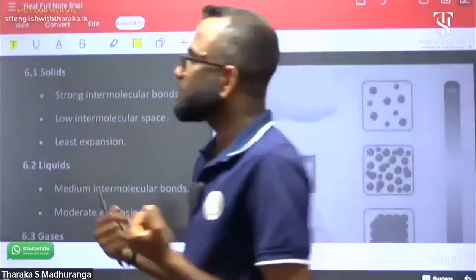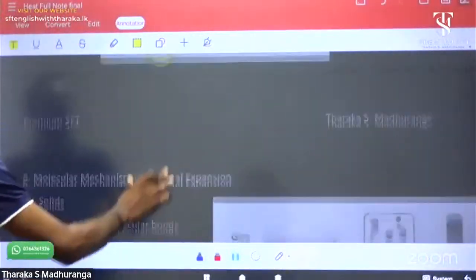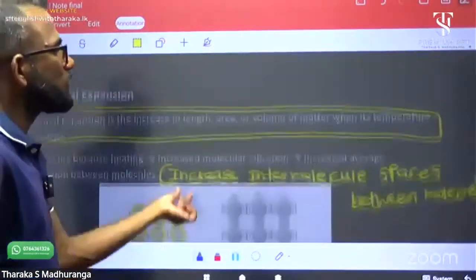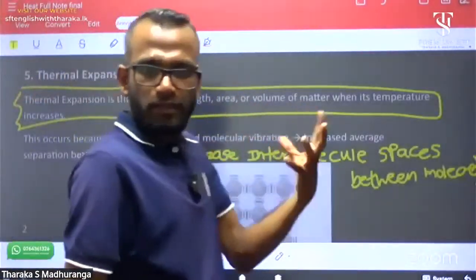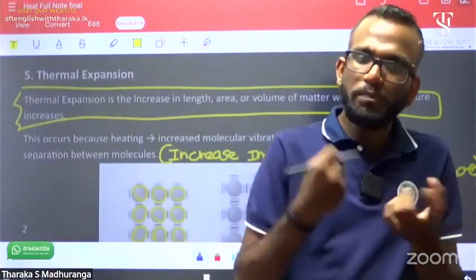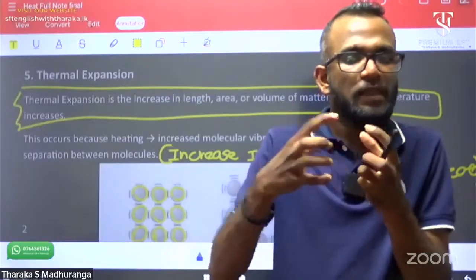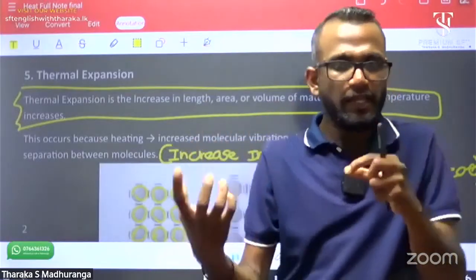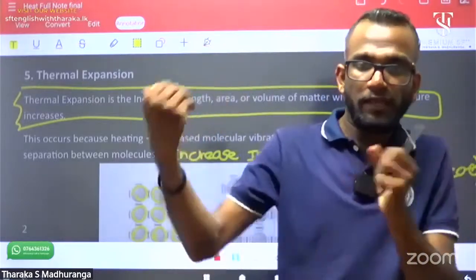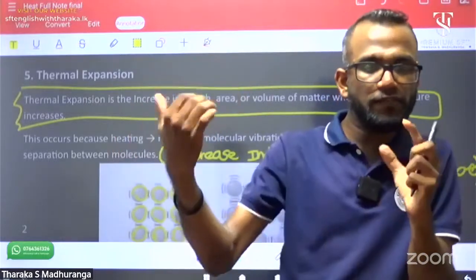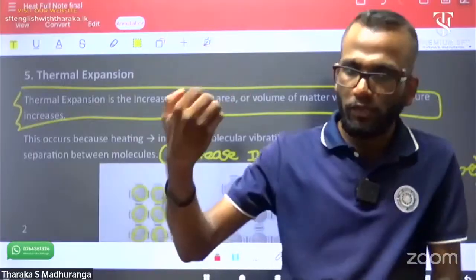Now, what we discussed: what is the meaning of thermal expansion? Due to heat energy absorbed, the molecule kinetic energy increases. This heat energy converts into kinetic energy. According to the energy conservation law, heat cannot be created or destroyed.